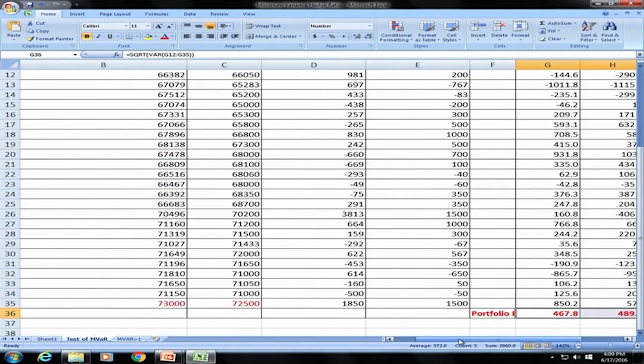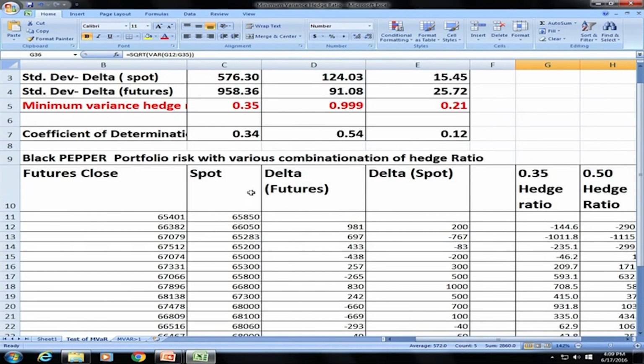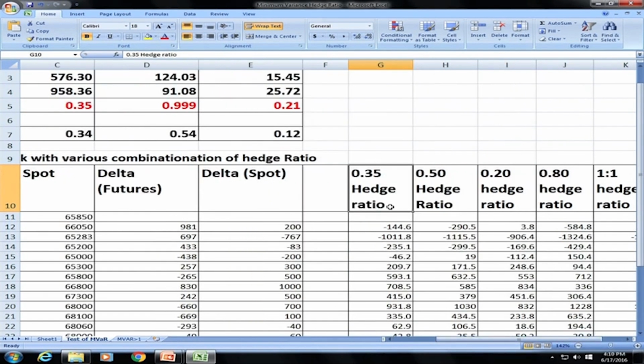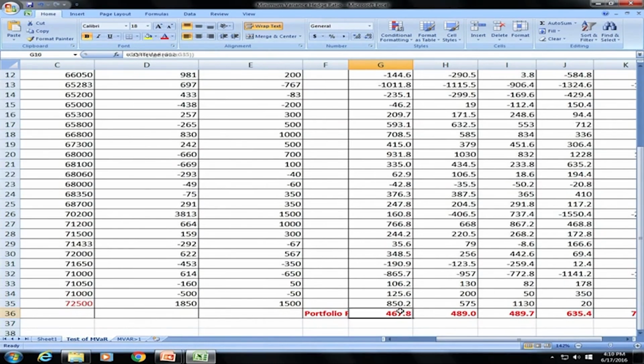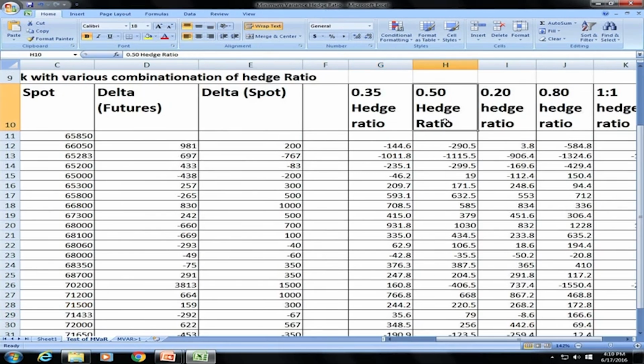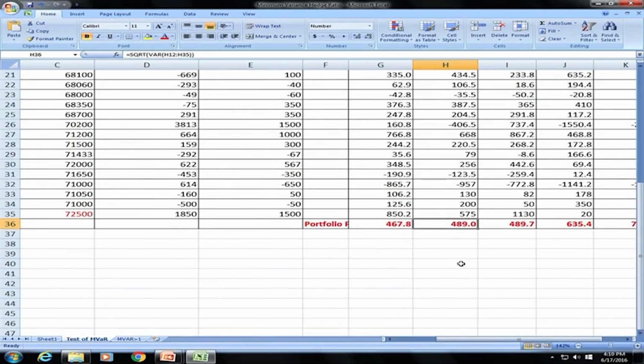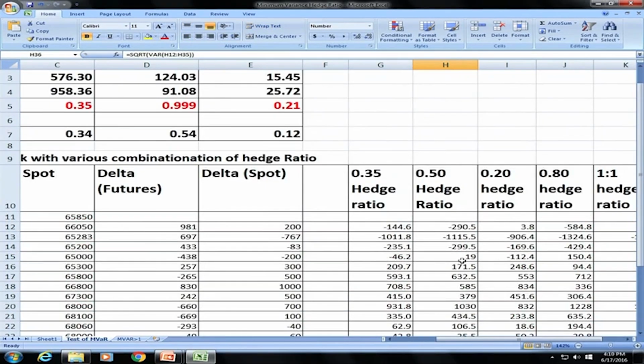This table shows the spot price and the futures price. When you have a delta of 0.35, please focus on column G. When the hedge ratio is 0.35, what is my portfolio risk? The portfolio risk is 467.8. Similarly, when the hedge ratio is 0.5, as given in column H, the portfolio risk comes to 489.